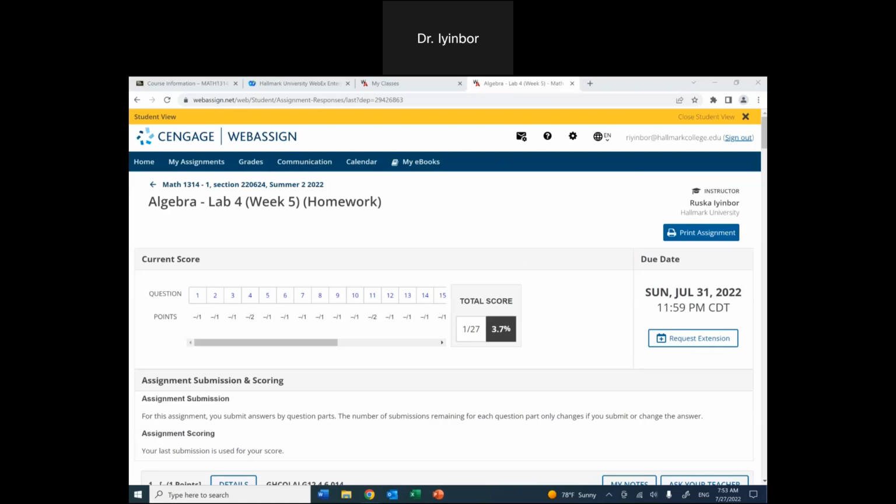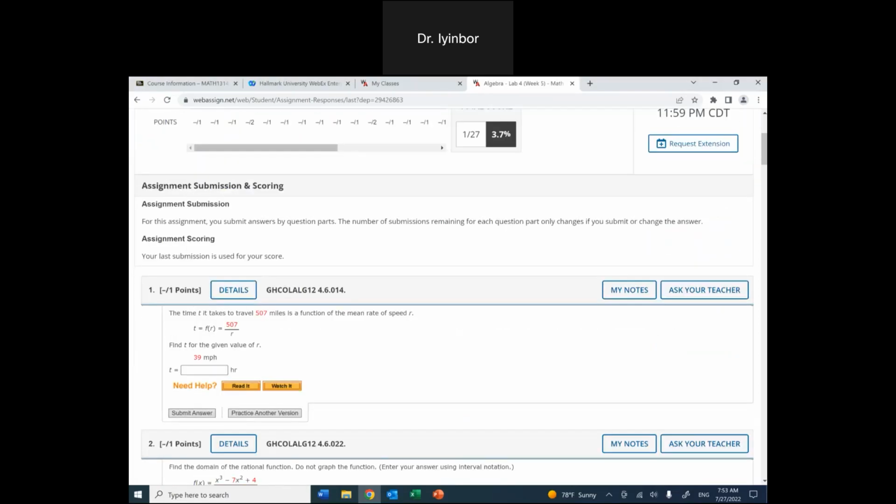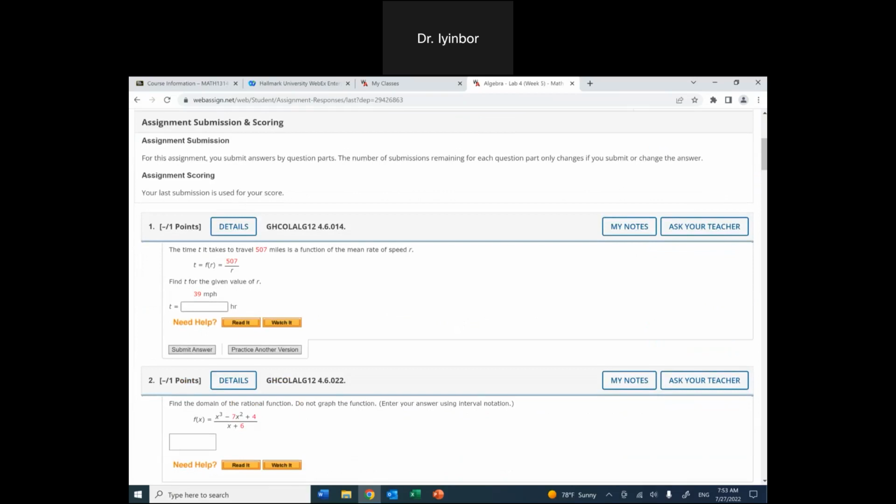Okay, so starting with number 1, we have a question where they give me the function of the time to travel 507 miles with a speed r, and here they give me 39 miles per hour as the speed, and you need to find the time to travel that.